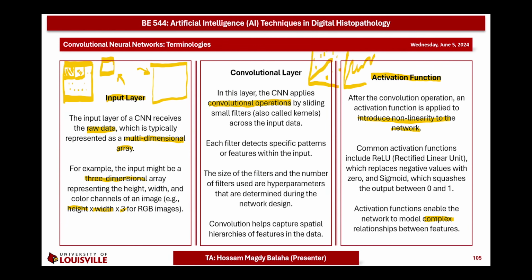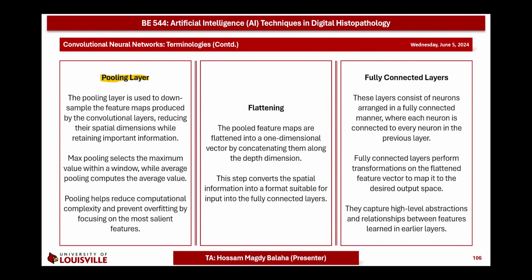After the activation function, a pooling layer can be introduced. The aim of that layer is to downsample the feature map produced by the convolutional layer and the activation function, and this will reduce the spatial dimensions while retaining the important features or information. As a scenario, you have an input applied to a convolutional layer which extracts the patterns, then applied to an activation function to produce some sort of nonlinearity, and the aim at the last layer is to produce a specific class.